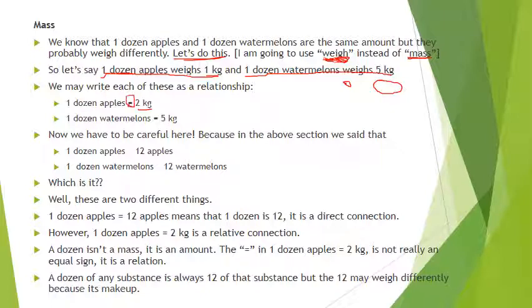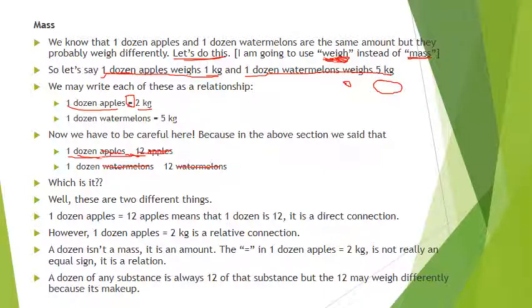This equal sign is not the same as we had before. In this case, 1 dozen is 12. It doesn't matter what the item is. So you have a dozen equals 2 kilograms and 1 dozen equals 12 apples. So which is it?